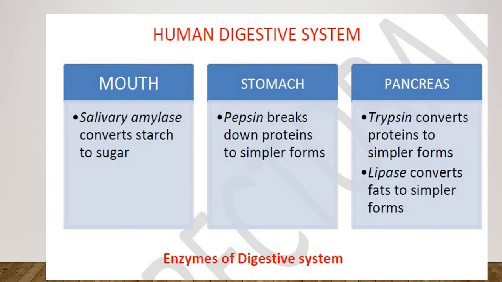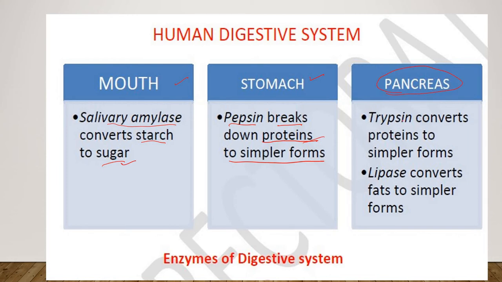Now moving to another part. We have done the mouth and the stomach. In the mouth there was salivary amylase, which converts starch into sugar, and in the stomach there was the pepsin enzyme, which breaks proteins into simpler forms. Now we come to the pancreas.